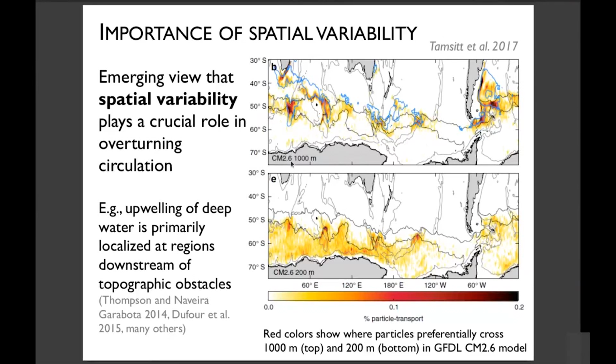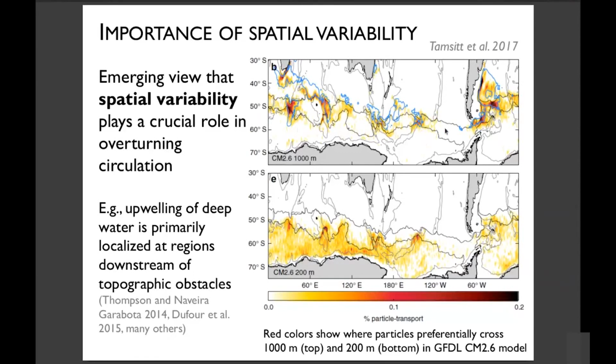What we did in the paper was release Lagrangian particles in the deep water at 30 south, track them as they were advected along, and look at where they crossed different depth surfaces. The top plot shows 1,000 meters and the bottom plot shows 200 meters. The dark red colors are where a lot of particles cross that surface at that location.